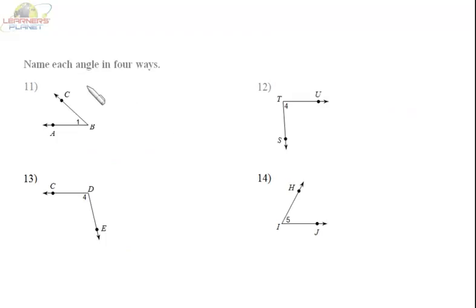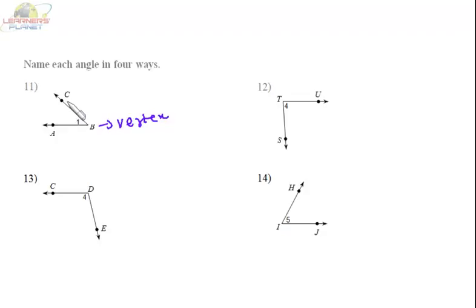Now in this question, we have to name the angles in four ways. Here we see CBA, that is, the ray BC and the ray BA are meeting at the point B. So B can be called the vertex. Any angle can be written by putting the vertex in the middle.